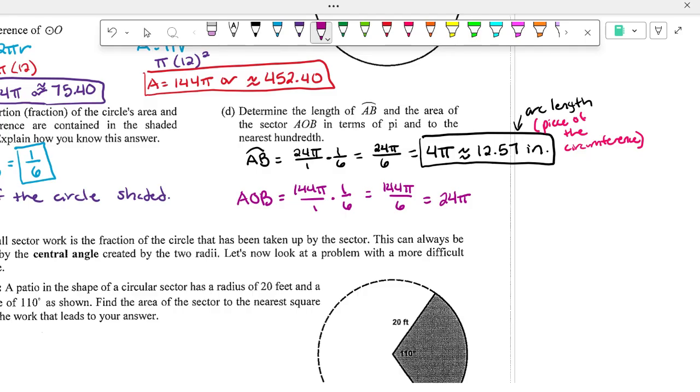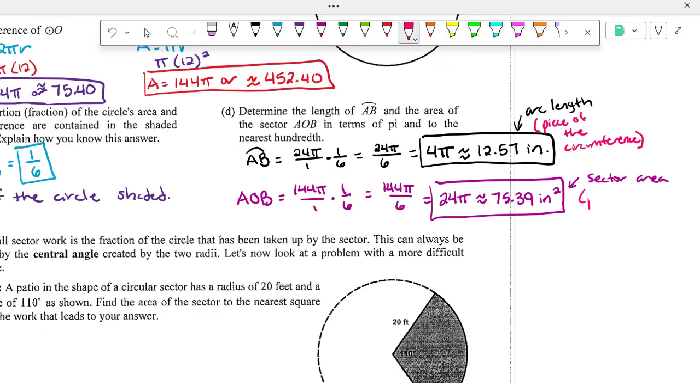What is it approximately? 75.39 inches squared. So this right here is our sector area, which again is the piece of the area.